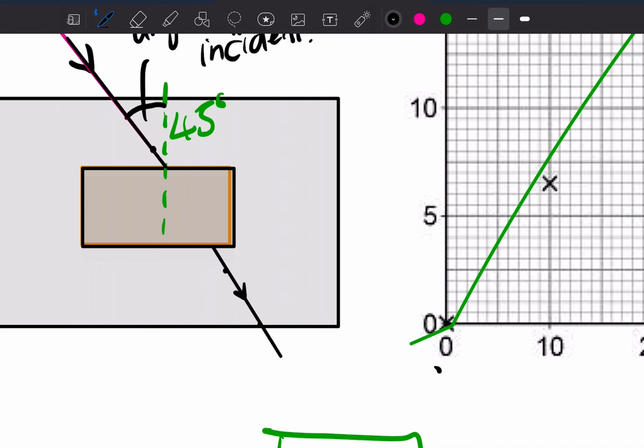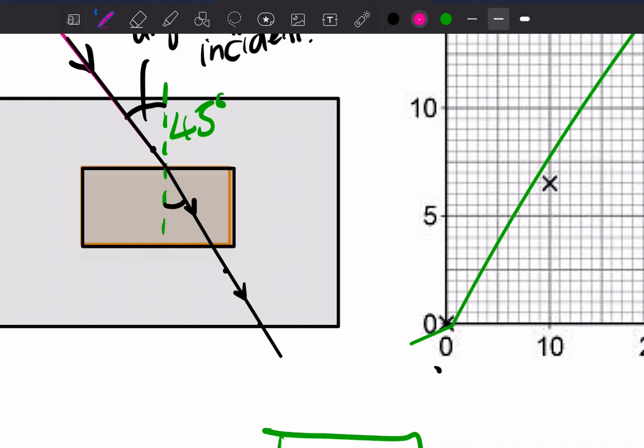what we can do is we'll then join the middle points together like that, and we can see that now actually that line has bent a little bit, and that's the whole point of refraction. The line bends a bit. If it was a straight line, it would have gone like that, and it hasn't. It's bent when it went through the glass block, because refraction happens at the boundaries between different densities, and basically what happens is the light gets slowed down as it goes through the medium of different densities, which causes it to bend.